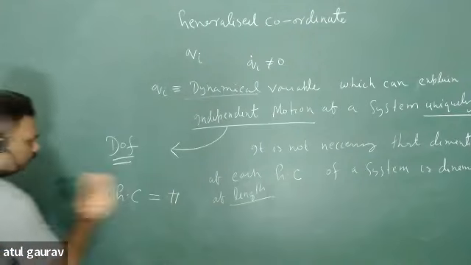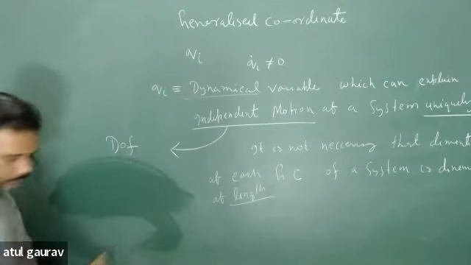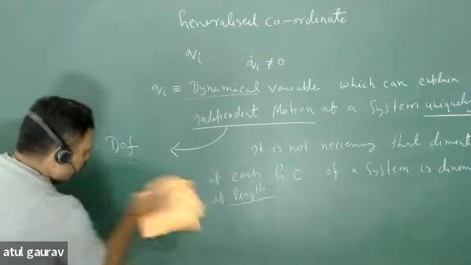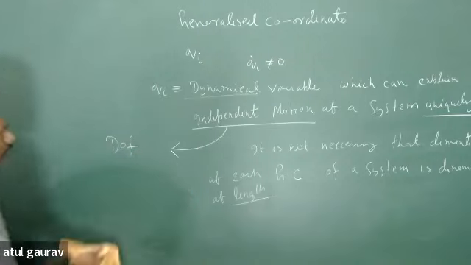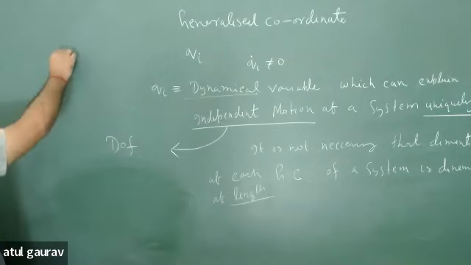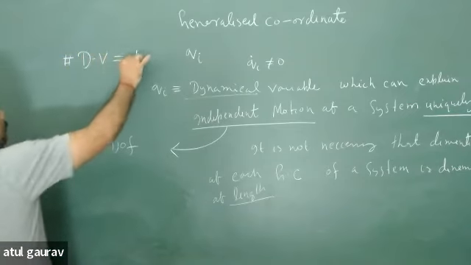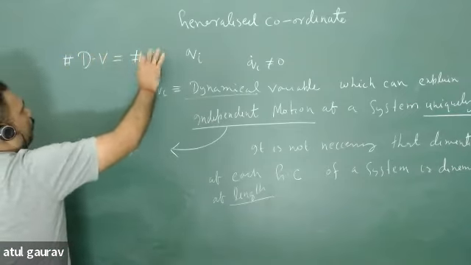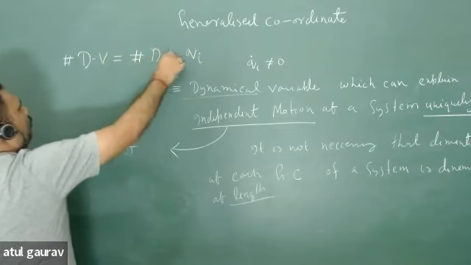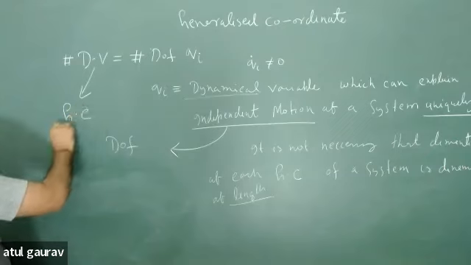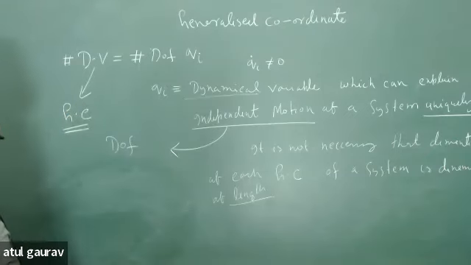If the number of dynamical variables is equal to the number of DOF, then these dynamical variables can be identified as generalized coordinates.